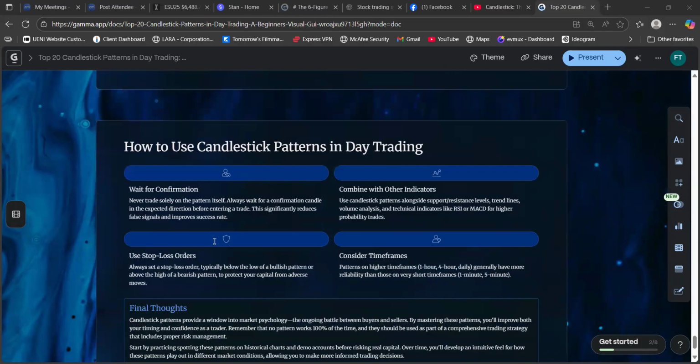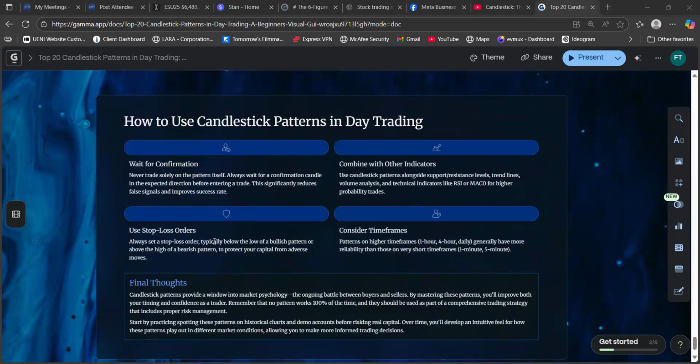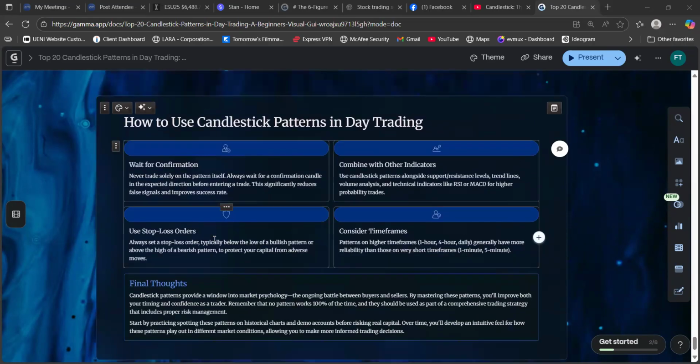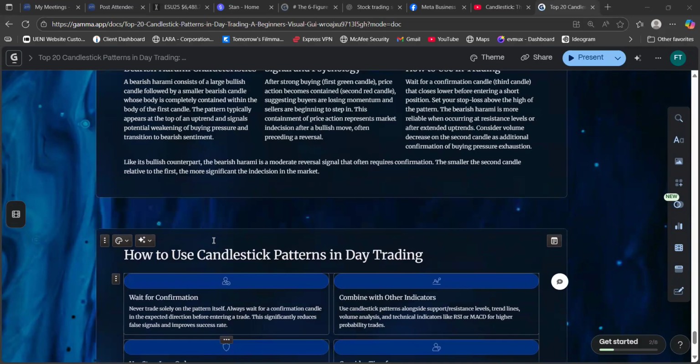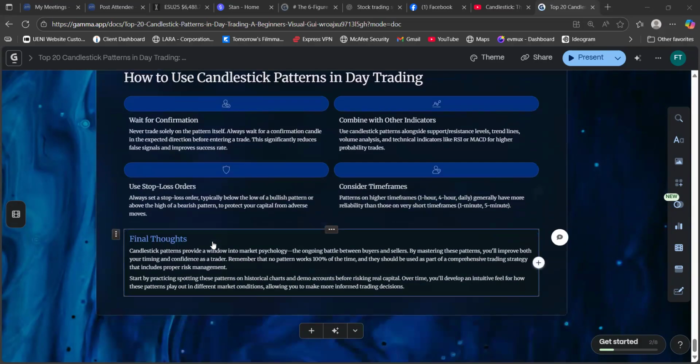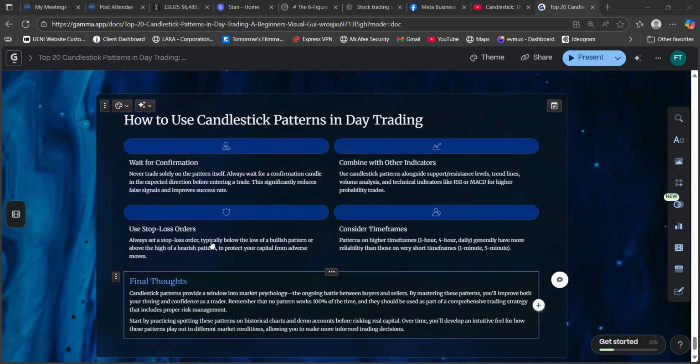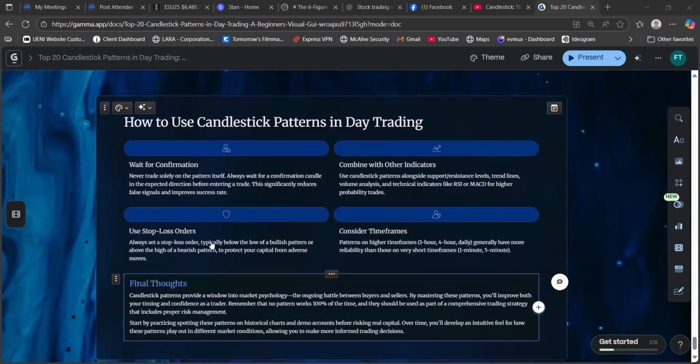But I wanted to let y'all know those are the main ones I love to use because it's easy to visually see those in the market. A lot of these other candlestick patterns are continuation patterns. What we really want to focus on is reversal patterns, because that's where you generally get your biggest move to be able to reach your target.